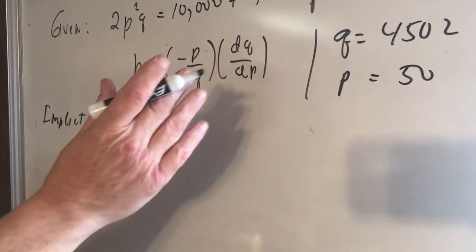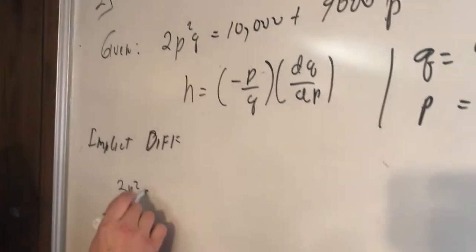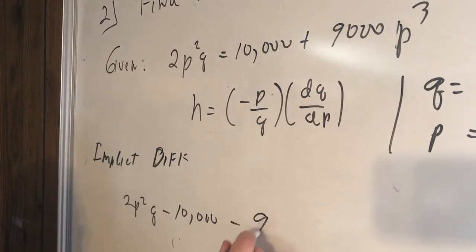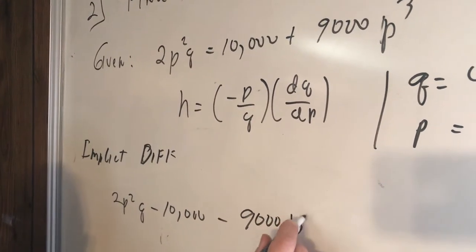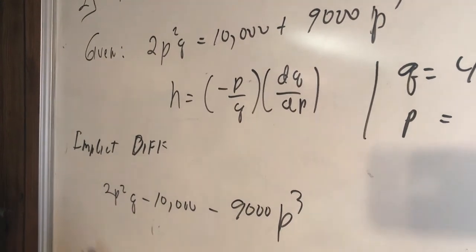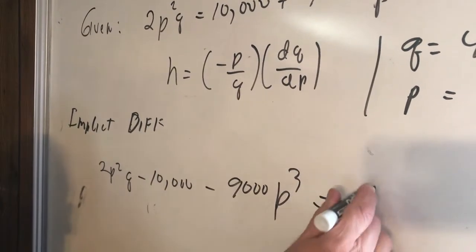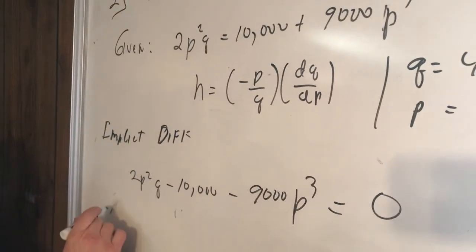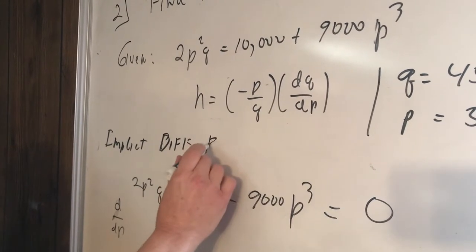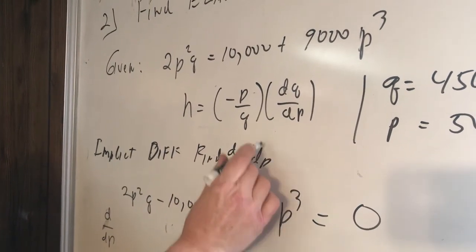So what I'm going to do is bring everything to the left side. Makes it a lot easier for me. Now I'm going to take the derivative of everything with respect to P. This is equal to 0. I want to find dQ/dP there.